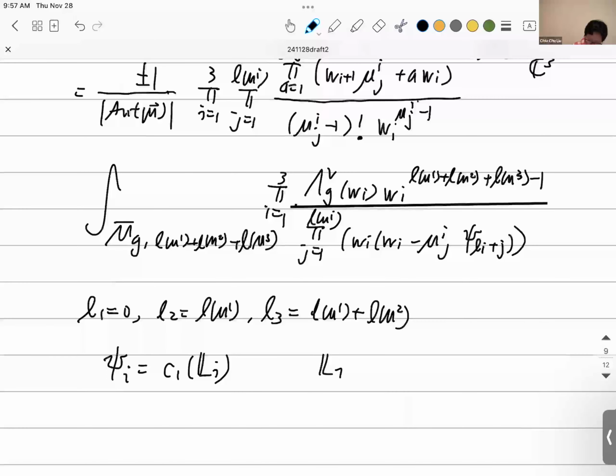So this Li is Li at some curve. So let L be L.